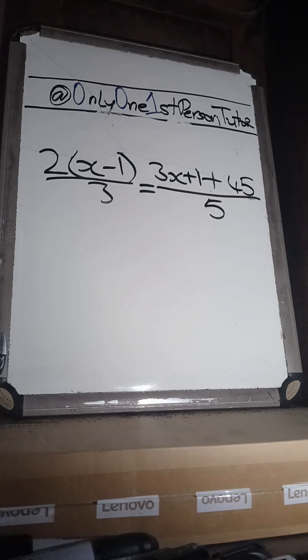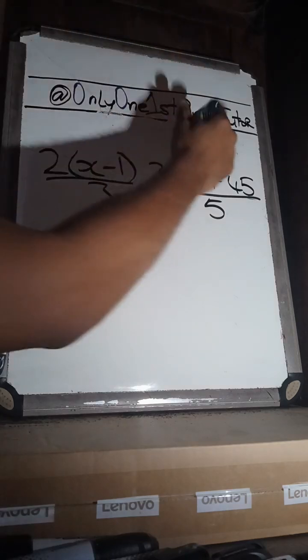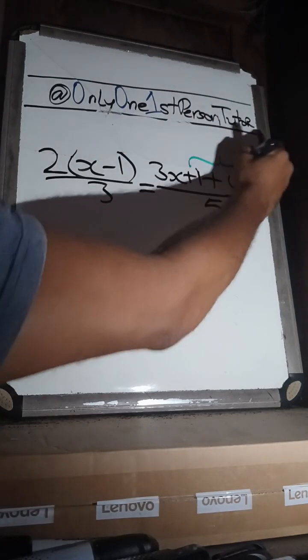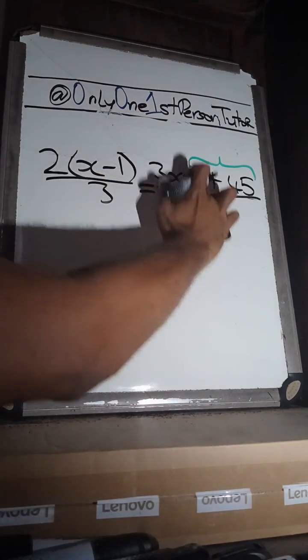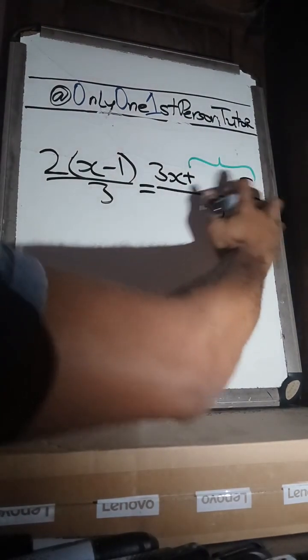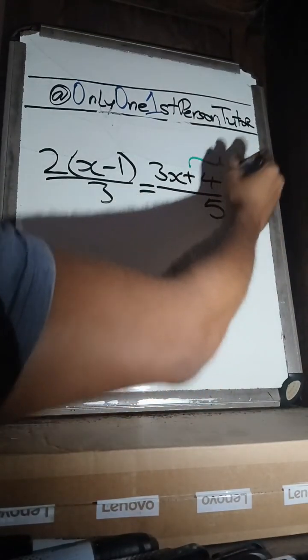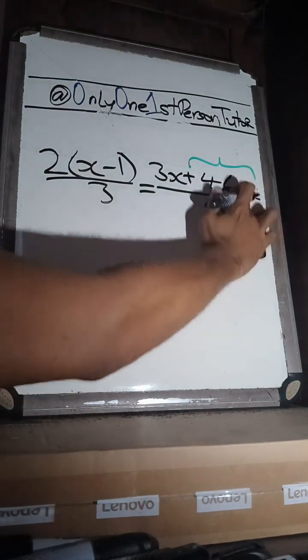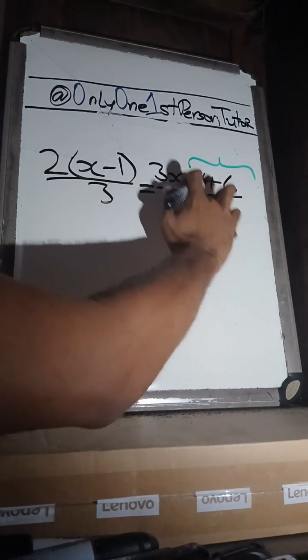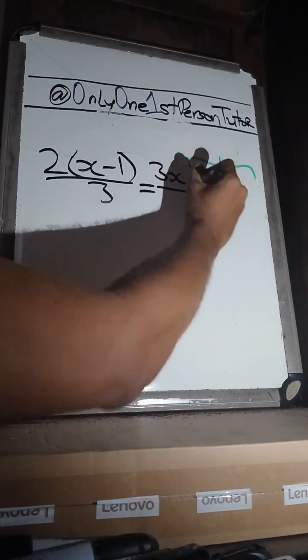Now we can group 1 and 45 together because what? They're both whole numbers. So we have 3x plus 46 over the 5. Yeah, so we made quite a few changes in a short space of time, right?